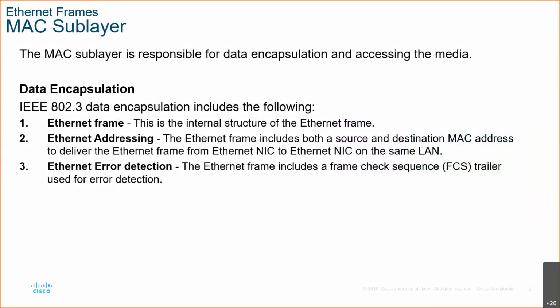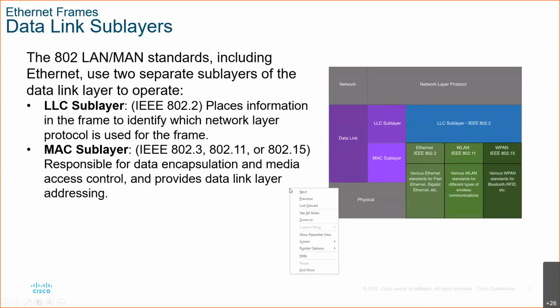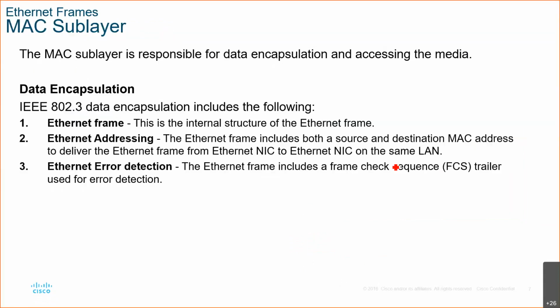So let's look at the MAC. This sublayer, the MAC sublayer, as you can see, okay, is responsible for a few things, and the main thing is, okay, data encapsulation. So data encapsulation, how does it happen? Okay, these 3 steps: Ethernet frame, Ethernet addressing, and Ethernet error detection.